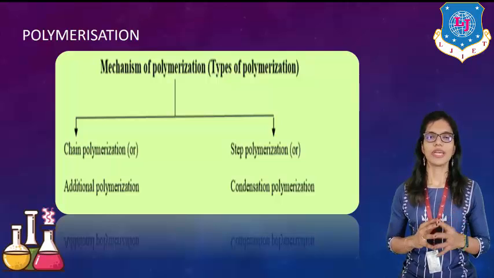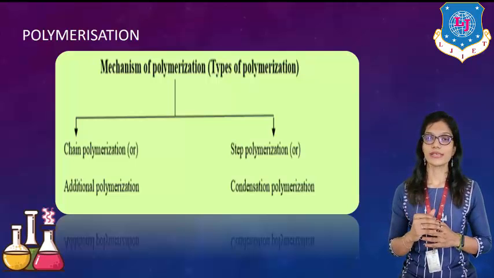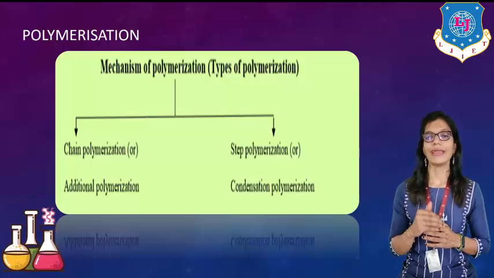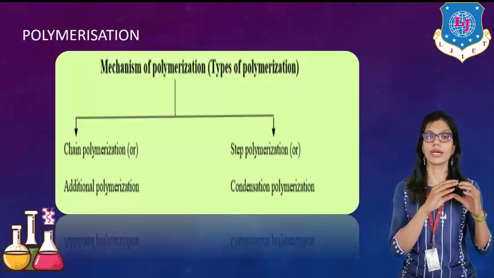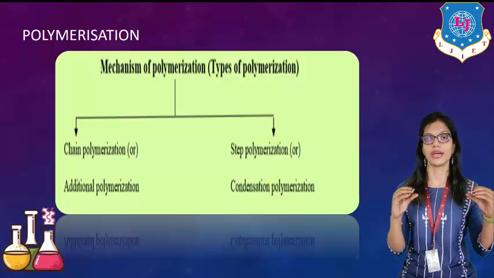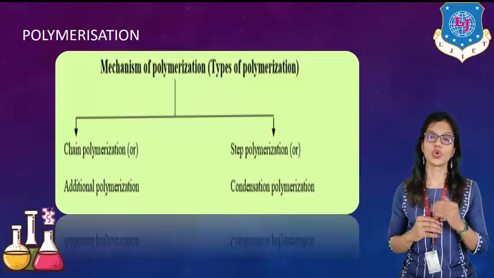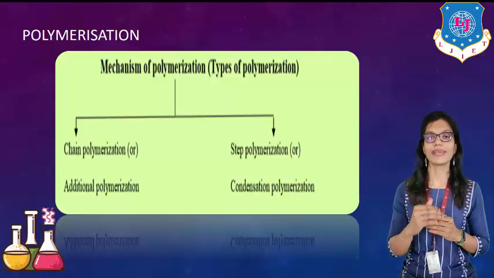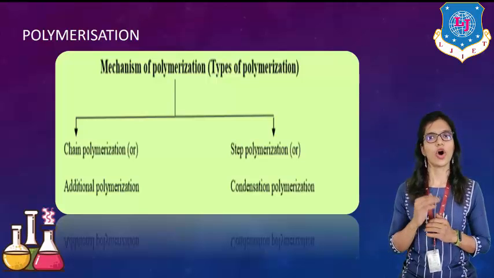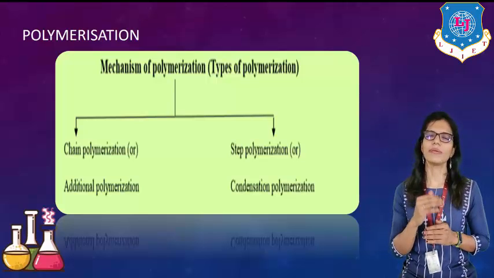Now, let's begin with the new topic, which is polymerization. The process with which n number of monomers combine with each other and form a long chain is known as polymerization reaction, or simply polymerization.